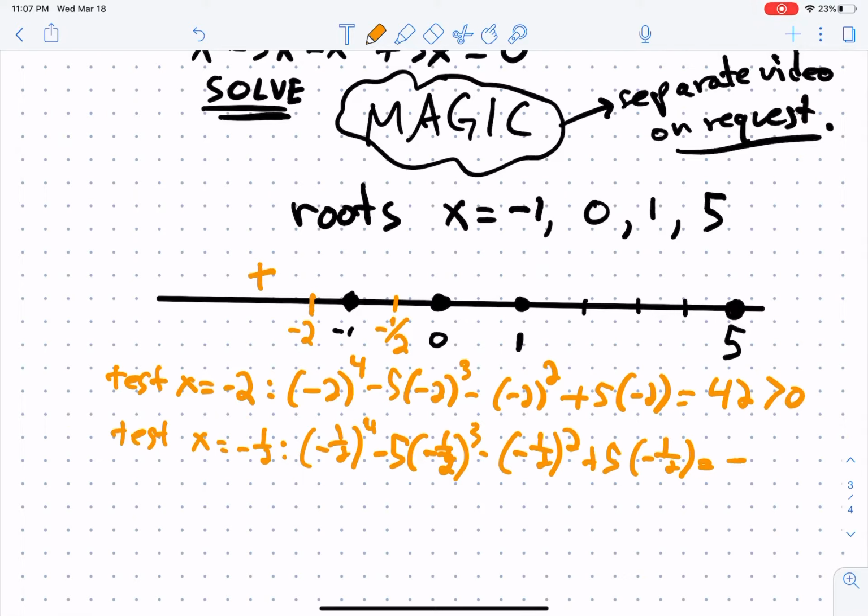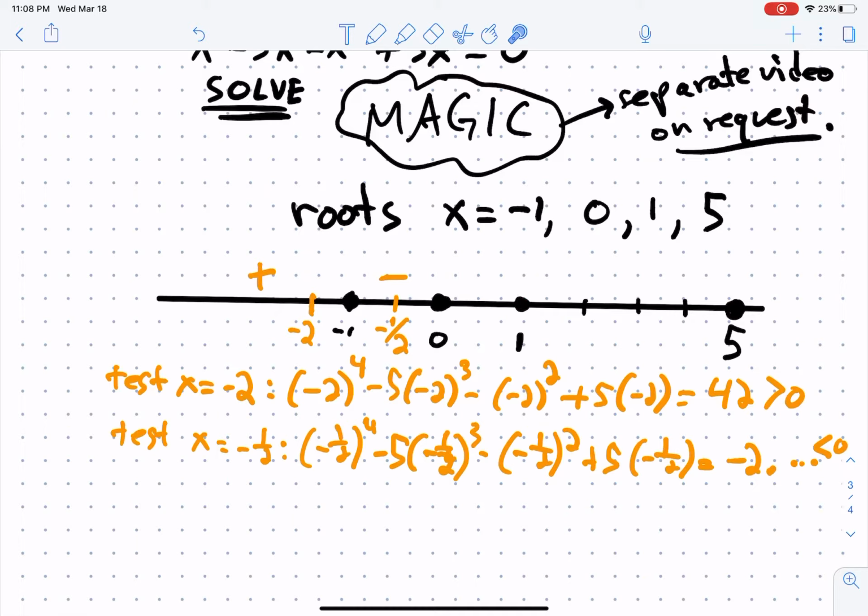I get -2.0625, but that doesn't matter so much. What really matters is that this thing is less than 0. It's negative. So in between -1 and 0, this graph is negative. So far, what we know is that over in this interval, the graph is positive, it's above the x-axis, and in this interval, it's negative, it's below the x-axis here.